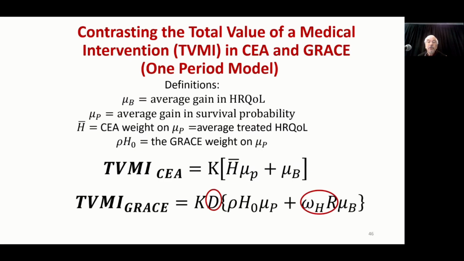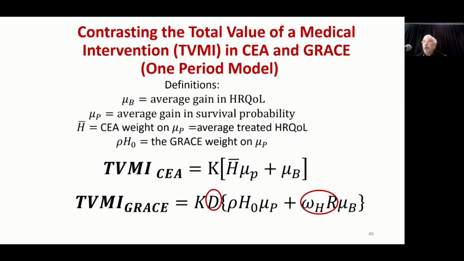And in contrast, the Grace value for the same medical intervention throws in those three things I've just talked about. There's a multiplier D for disability at the front end that rises exponentially with pre-existing disability. We replace the average value of health with this other exchange rate, rho H naught.